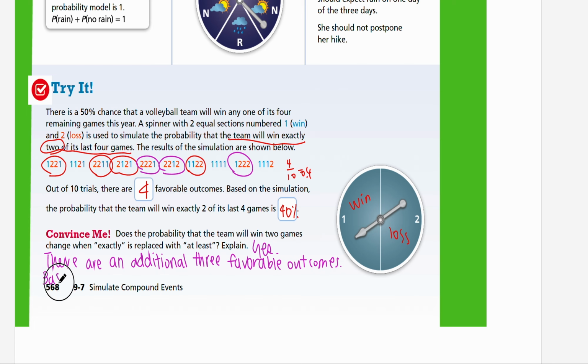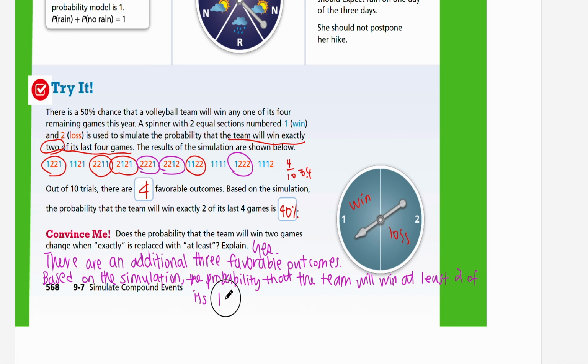So based on the simulation, the probability that the team will win at least 2 of its last 4 games is 7/10, or 0.7, or 70%.